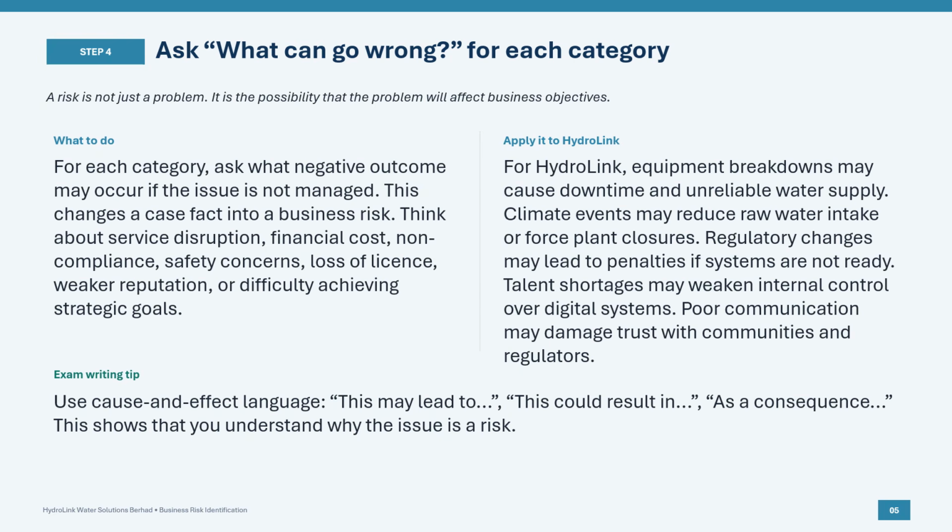Use cause and effect language. For example, this may lead to, this could result in, as a consequence. This shows that you understand why the risk is important. So remember, these are all the keywords here.